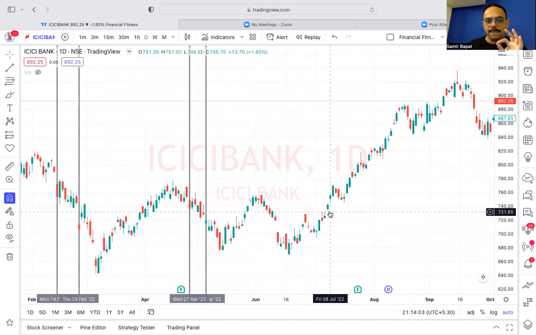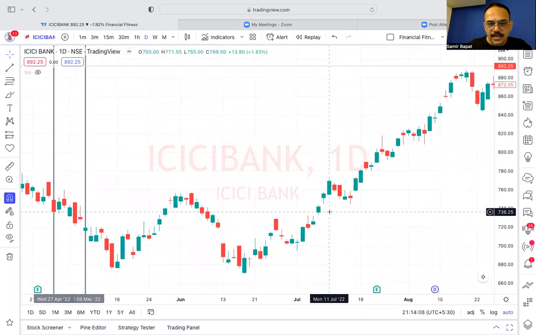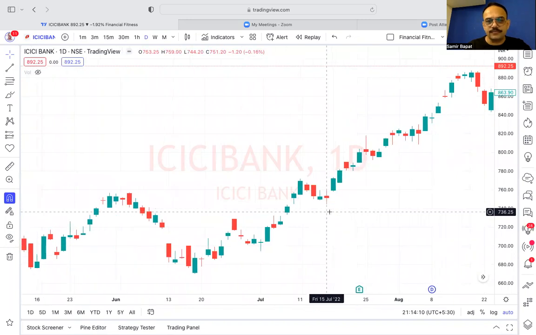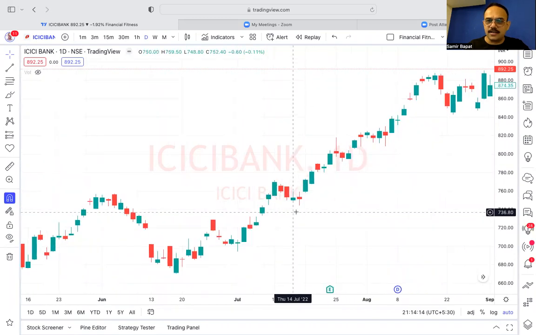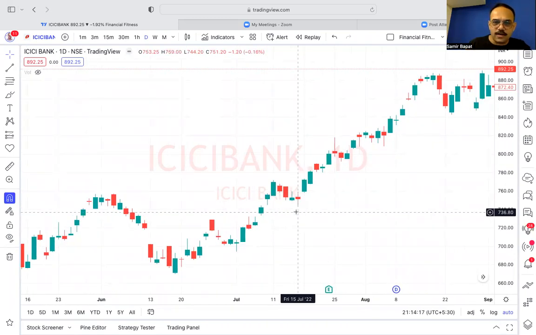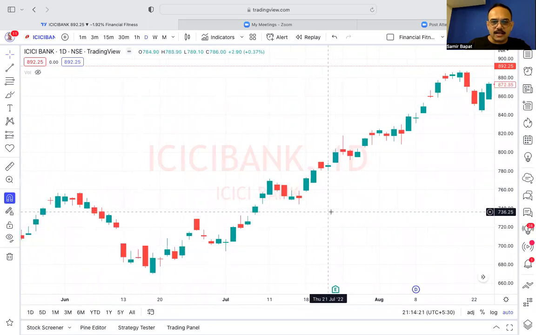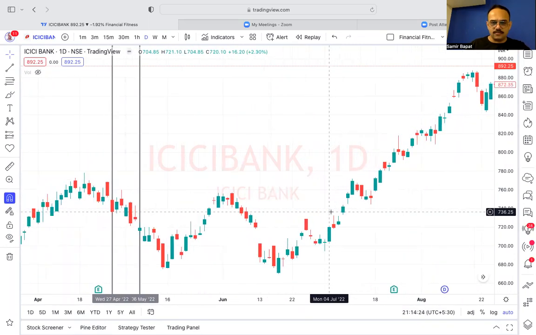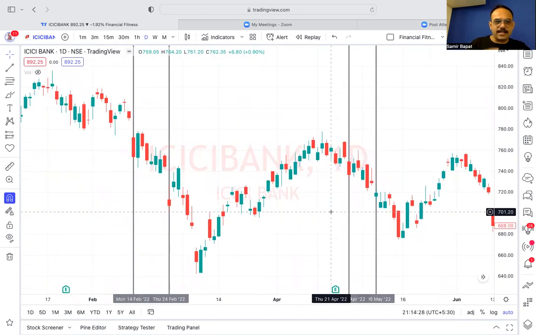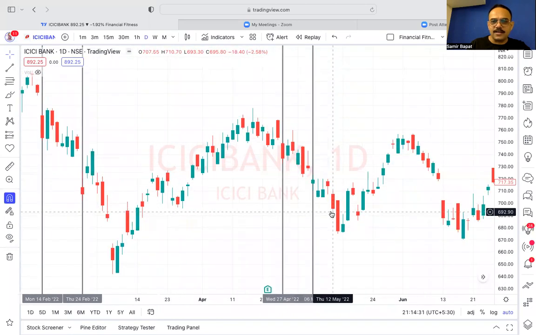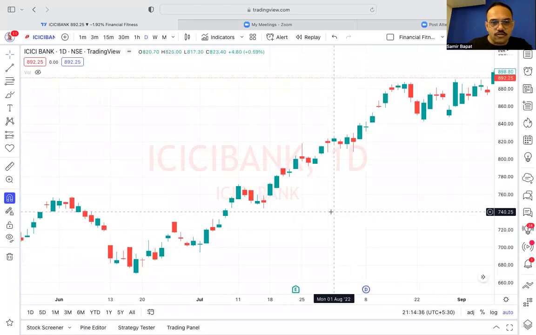So if you see a gap here, okay, this is something I did not observe earlier, but I'll still go ahead and show you. Okay, for uptrend, that is not a very good example. Let's go ahead with that as well.